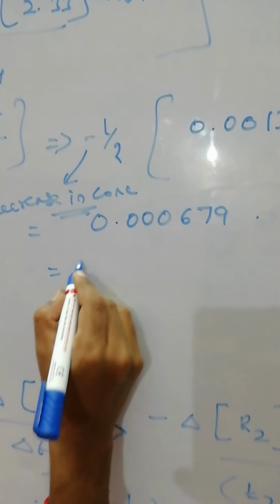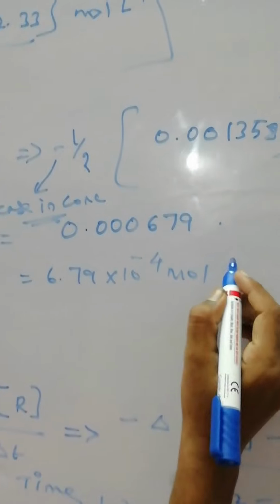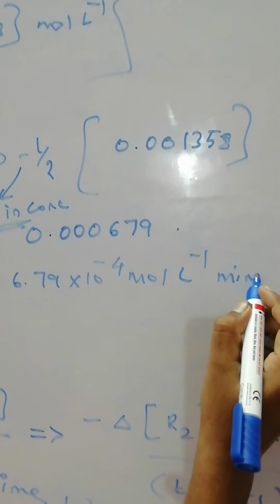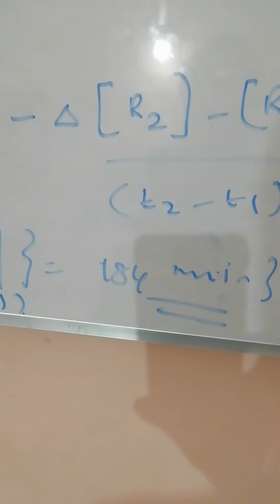That is equal to 6.79 into 10 to the power minus 4 mole per liter per minute, because the 184 is in minutes. So we have found it for minutes.